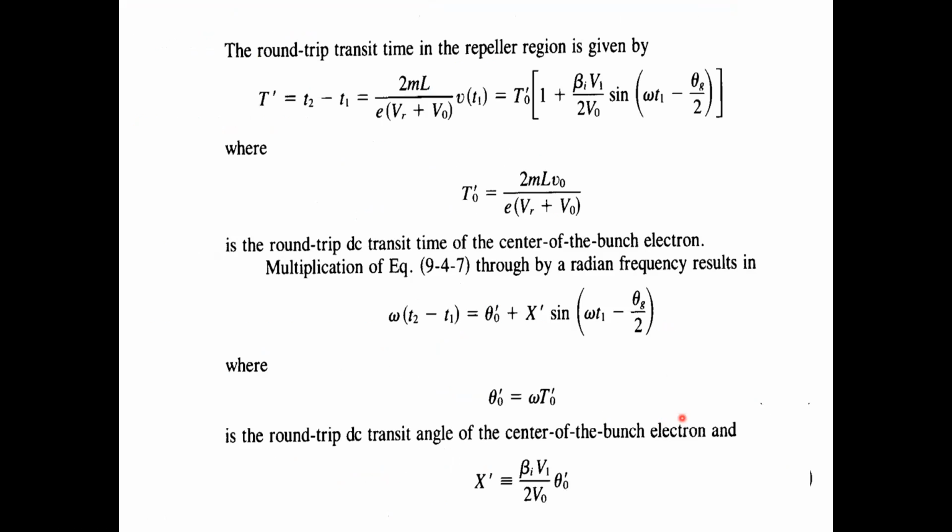So here we got the transit time. I think everybody got knowledge of how to calculate the transit time: T naught times 1 plus beta1 V1 by 2 V naught sine of omega t minus theta g.